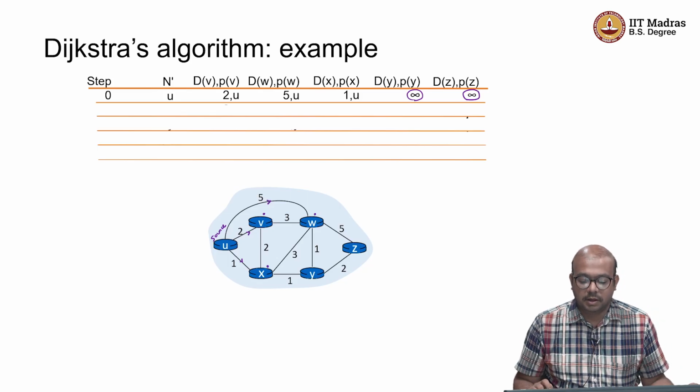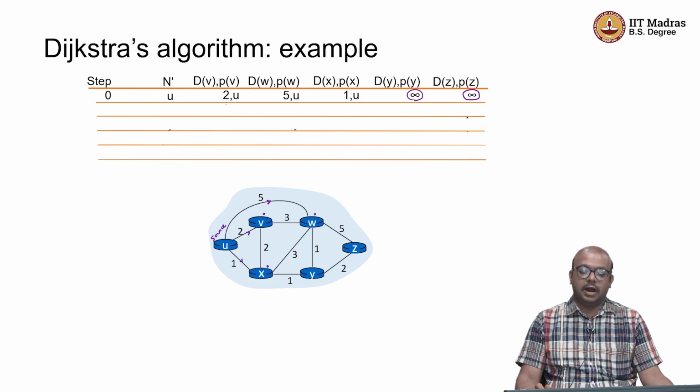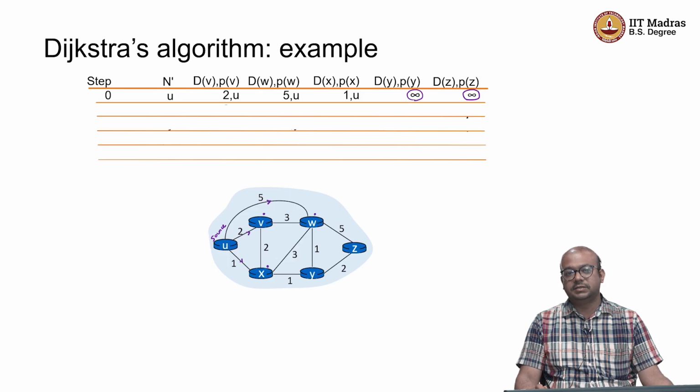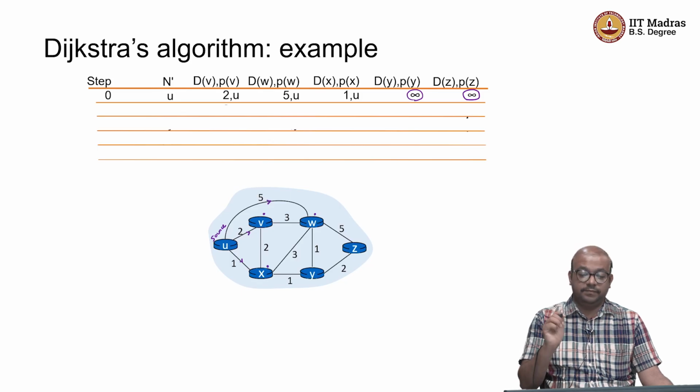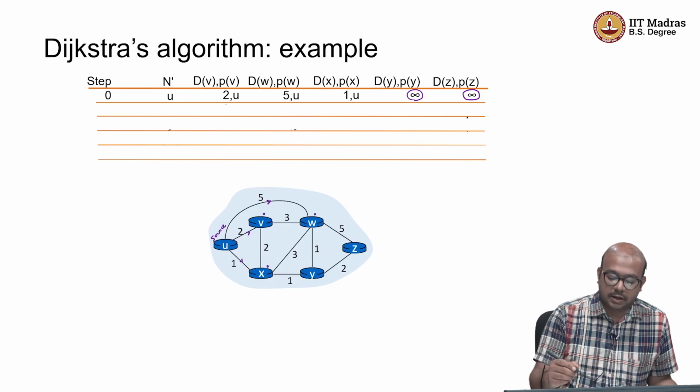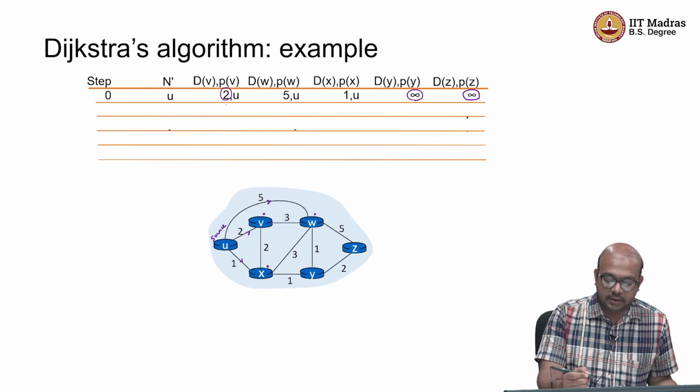Now, can you think, at this step itself I definitely know the shortest path of one of the nodes, and which one is that? That is basically v, or x, because as you see, 2 is the path cost for reaching v, 5 is the path cost for reaching w, and 1 is the path cost for reaching x.